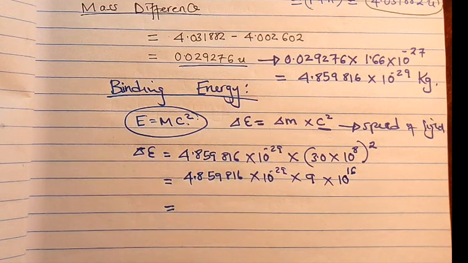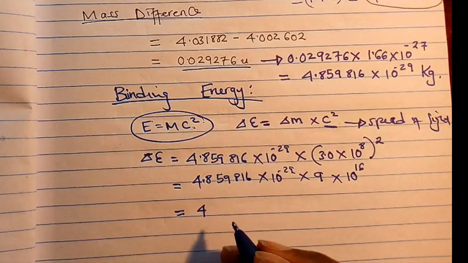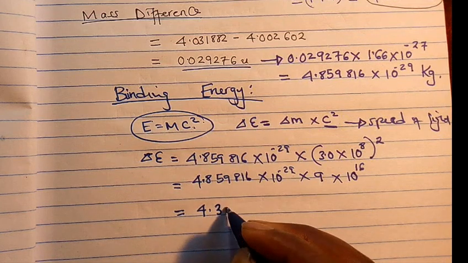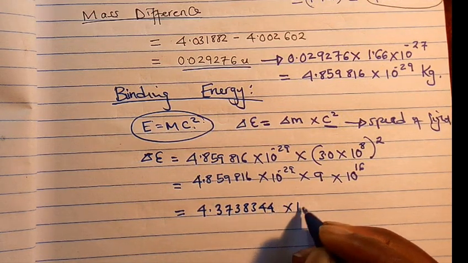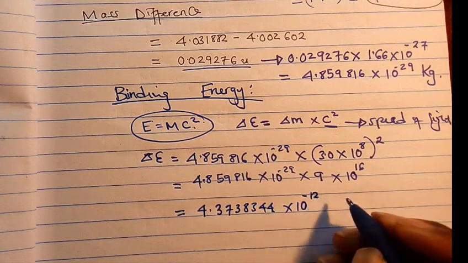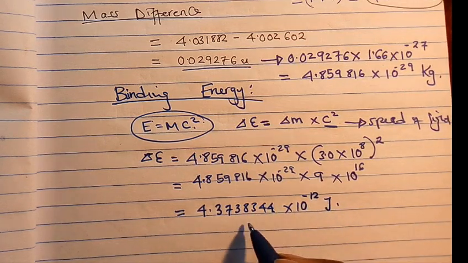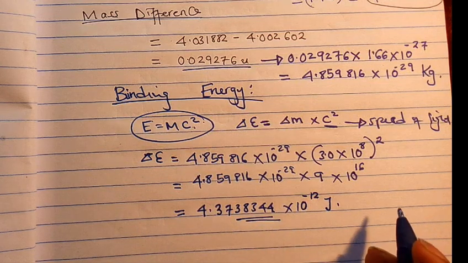So we get our answer, and the answer here is 4.3738344 times 10 to the power negative 12 joules of energy. That is what we call the binding energy.